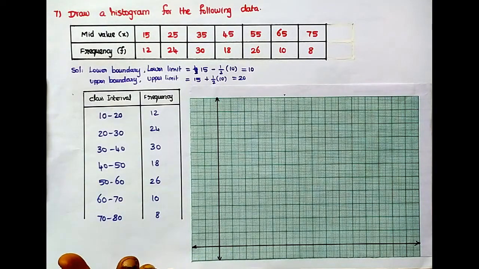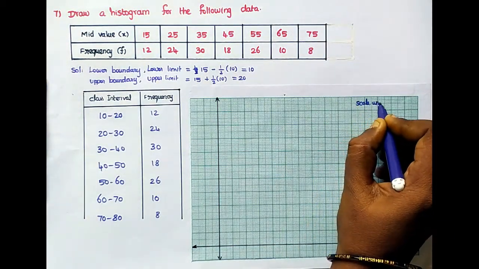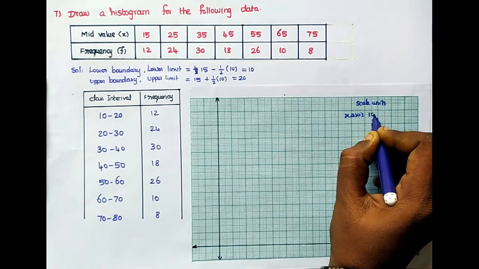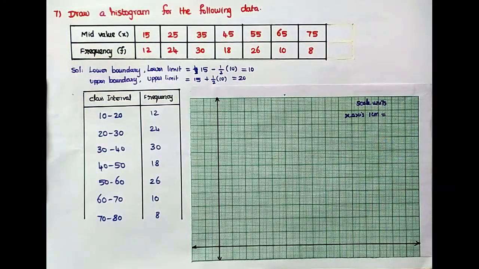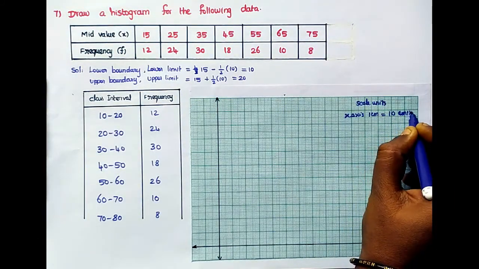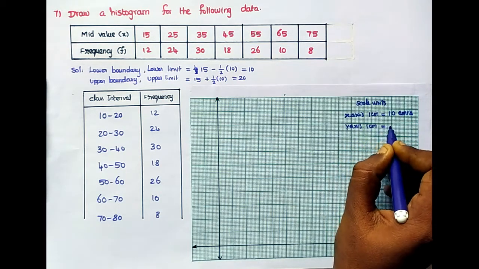Now we want to draw the histogram. Scale units. X-axis 1 centimeter equal to 10 units. Next y-axis 1 centimeter equal to 5 units.